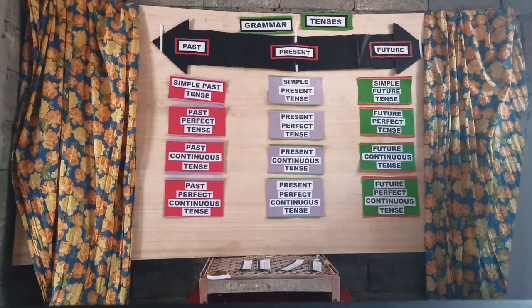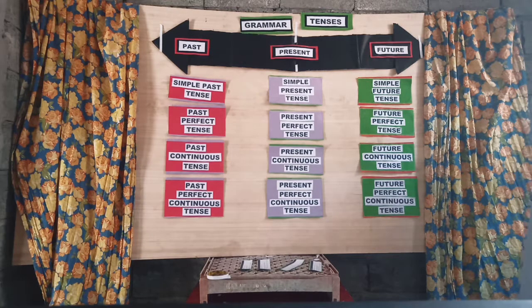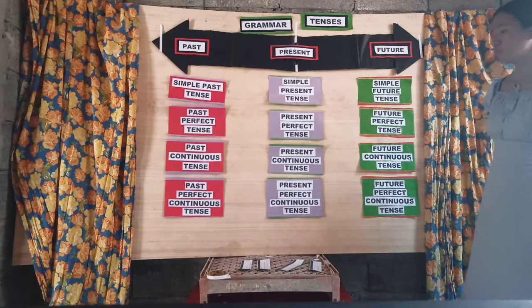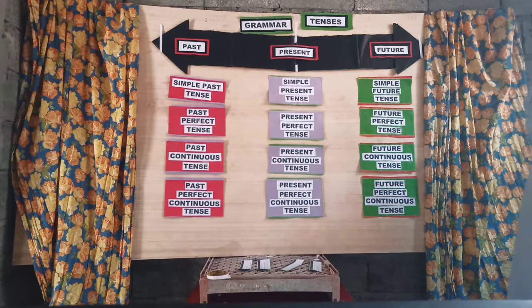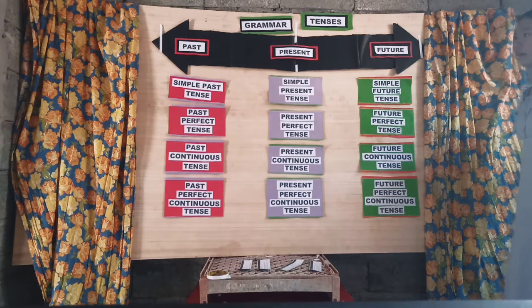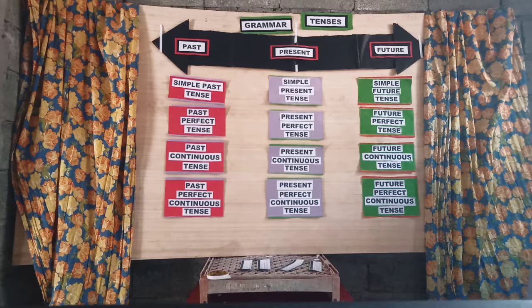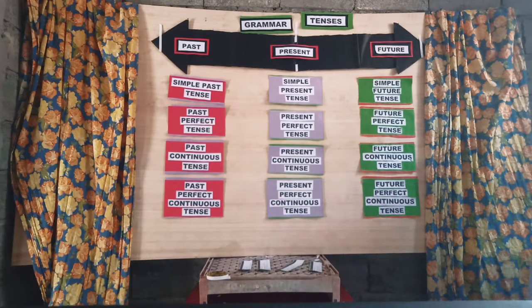Same with the present tense: the simple present tense, present perfect tense, present continuous tense, present perfect continuous tense, and also the rules and examples. And the last one, we have the future tense. We already discussed the four subdivisions: the simple future tense, future perfect tense, future continuous tense, and future perfect continuous tense. And I discussed the rules and examples of these tenses.